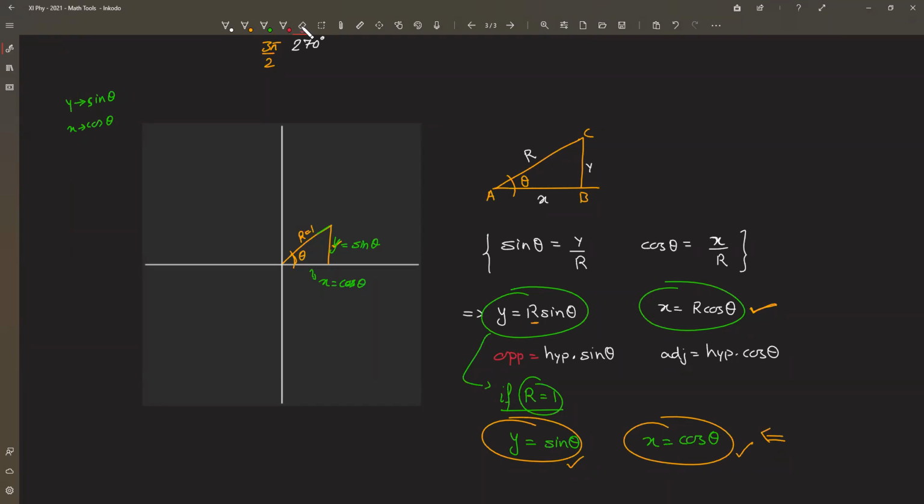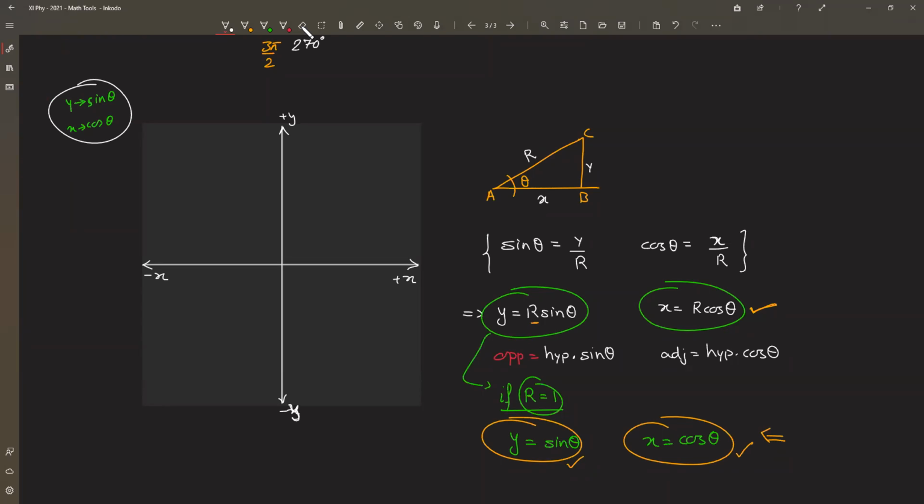Now, how is that important here? So let's see that as well. What do we know? As you can see, these are the quadrants, such that this is the positive x-axis, this is the negative x-axis, this is the positive y-axis, and this is the negative y-axis. Sine theta and cos theta depend on what?